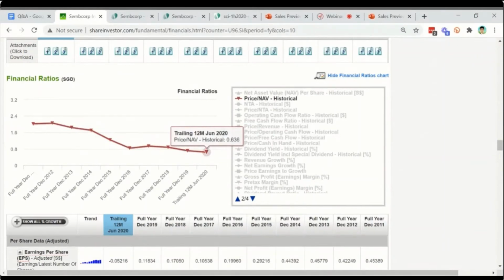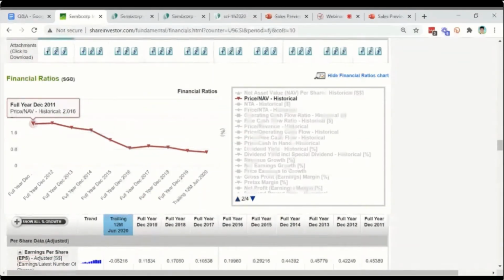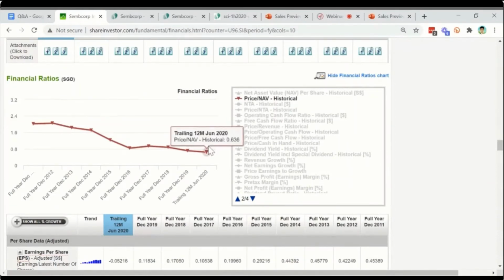Just from this chart itself, you can see that the price over NAV of Sembcorp Industries has declined over the years. Last time it used to be 2 times price to book as of FY 2011. Now, trailing 12 months, their price to NAV is only at 0.6 times. And this is at a 10-year low.